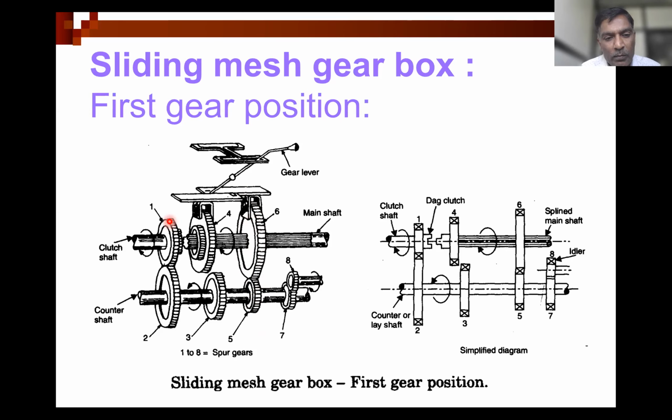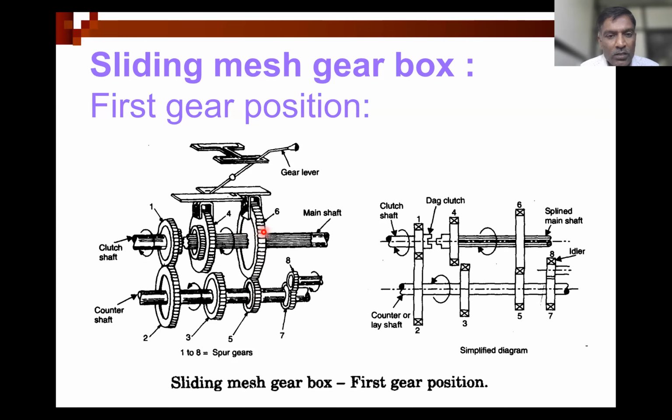You can see number 1, 2, 3, 4, 5, 6, 7, and 8. Total 8 gear wheels are there. So smaller on the lay shaft and larger on the main shaft.